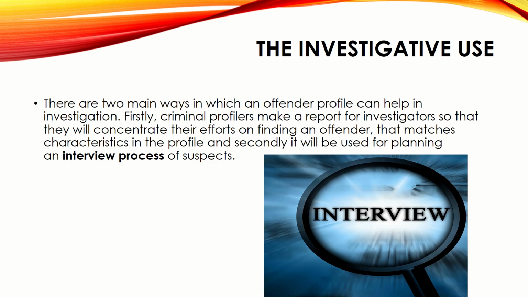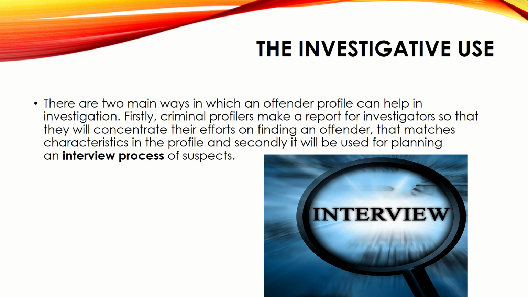And then the last stage is the investigative use. This is basically two main ways in which an offender profiler can help in the investigation. Firstly, criminal profilers make a report for investigators so that they will concentrate their efforts on finding an offender that matches characteristics in the profile. And secondly, it will be used for planning the interview process of suspects.